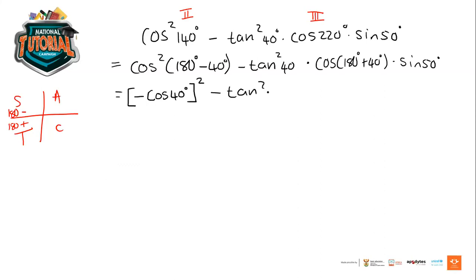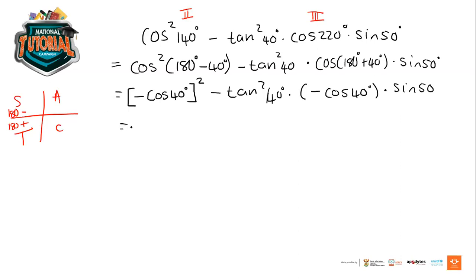Minus tan squared 40. Once again, we're in quadrant 3, cos 180 plus, and that is going to give me a negative cos of 40, because tan is the only positive one in quadrant 3.